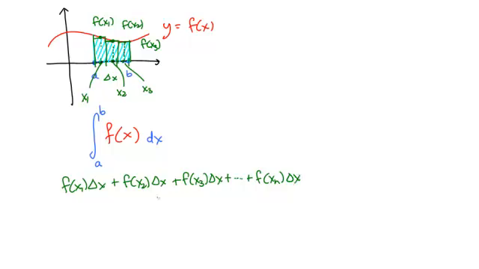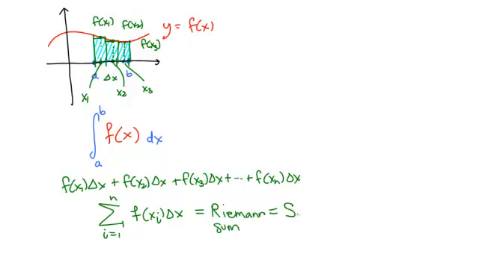We could condense this long expression using summation notation as the summation of f of x_i times delta x, where i goes from 1 to n, where n is the number of subdivisions. This kind of a beast was called a Riemann sum. It was sometimes denoted as S_n of f, the Riemann sum with n subintervals of the function f.